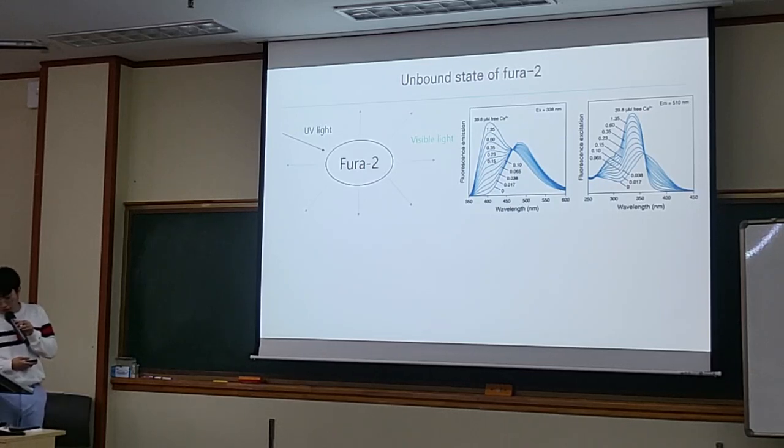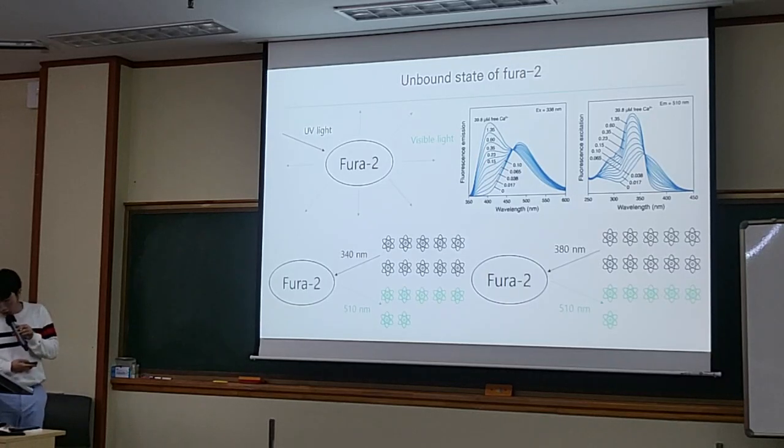So we're sending radiation which carries energy, and FURA2 will absorb a certain fraction of the radiation. Now, there is another wavelength of light, sending photons of wavelength 380 nanometers. Then FURA2 can also emit radiation again at this wavelength of 510 nanometers.